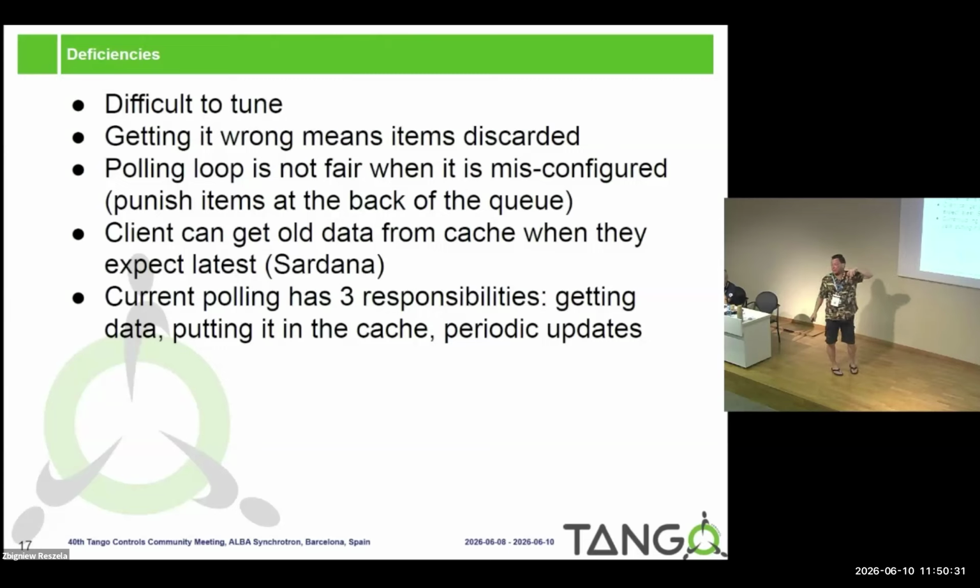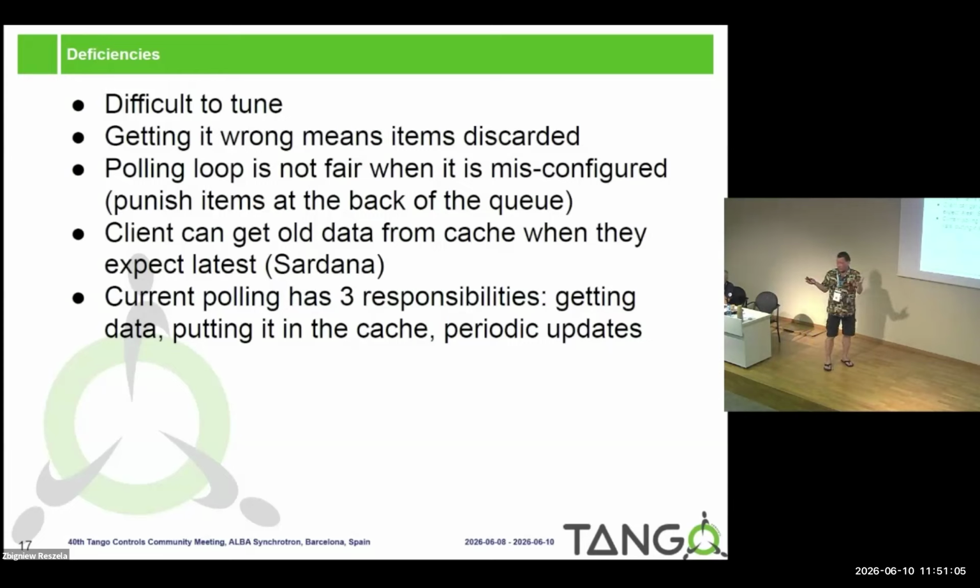It's actually not fair, which means from the get-go, certain attributes are never read, because my polling loop is so wrongly configured that it will never read certain attributes, period. And since there is no randomization in the list of attributes that the polling loop reads, it will always not read the same attributes, which is, from my perspective, not good at all.